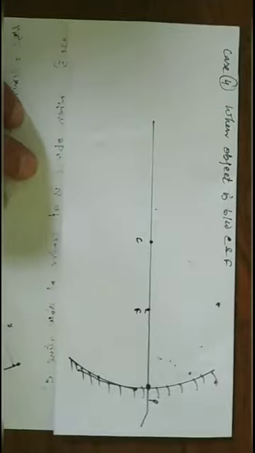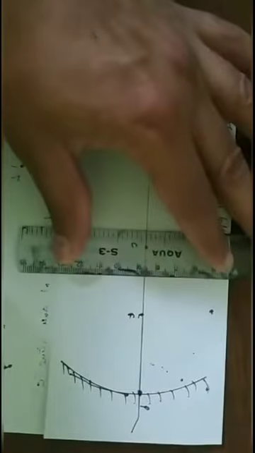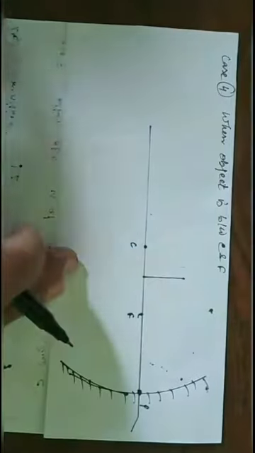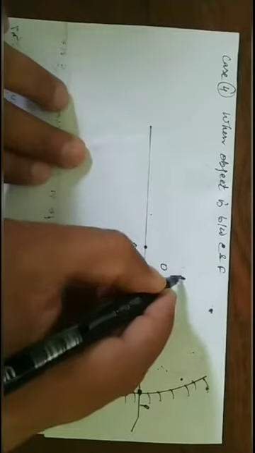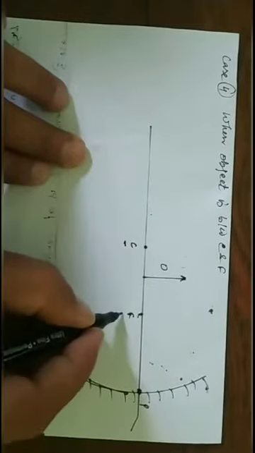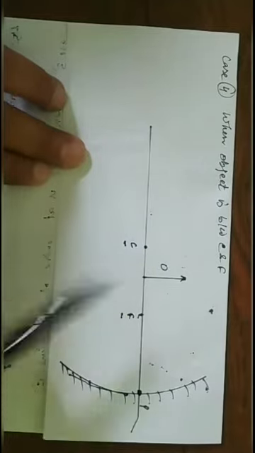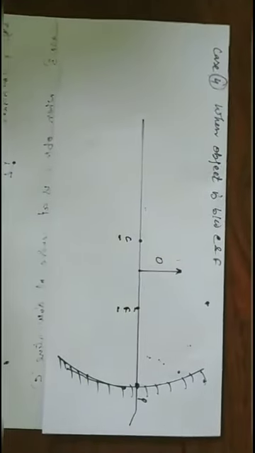Now, in the fourth case, the object is between center and focus. So anywhere I draw, this is my object. So this is your object O, which is between center and focus. I can keep it anywhere between C and F. So I will draw two rays, minimum two rays, to form an image, and those rays whose rules I know.